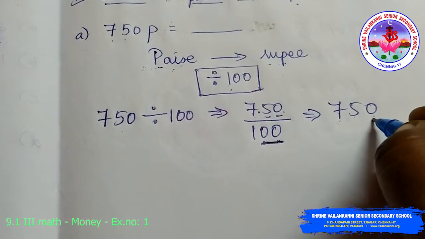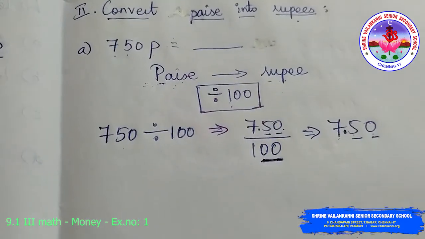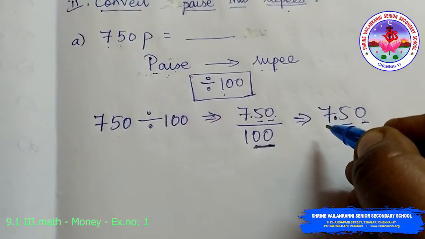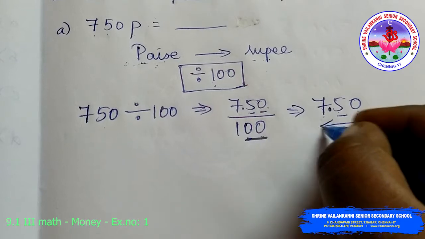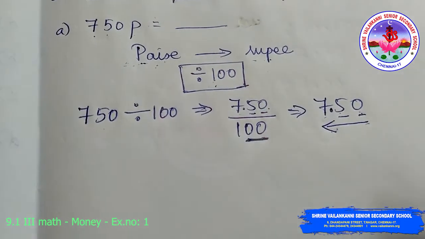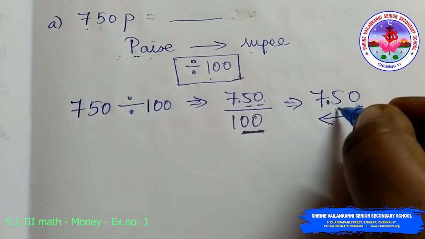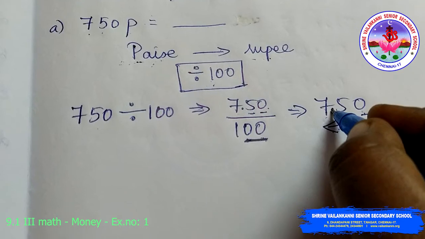From the ones place, tens, hundreds, you move from right to left. So for 2 zeros, you shift 2 places and keep the decimal. So here the dot has come.